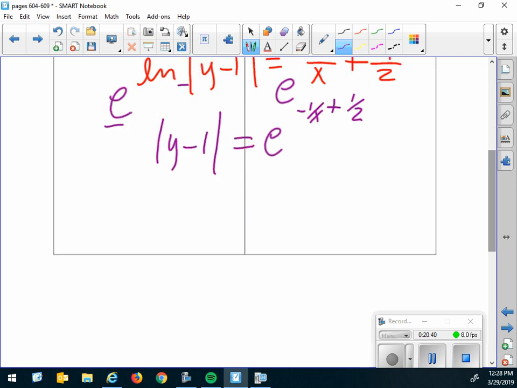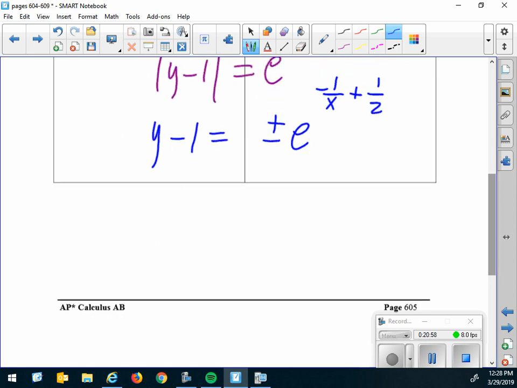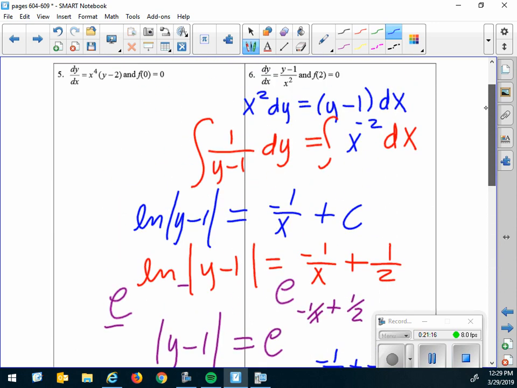How do I get rid of the absolute value bars? Plus or minus. So I'm going to have y minus 1 equals plus or minus e to the, so y equals 1 plus or minus e to the, how many answers do I have there? 2.